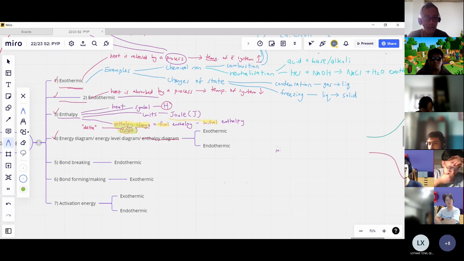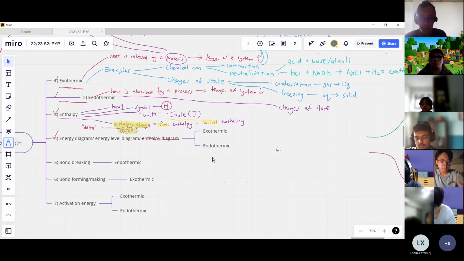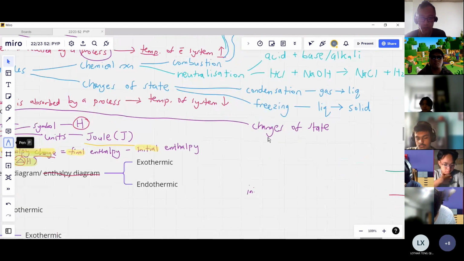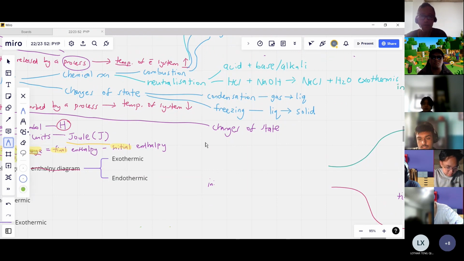Endothermic means heat is absorbed by the process. Let's start with changes of state. Now, as I said earlier, changes of state are physical processes. Just now, condensation and freezing are exothermic.